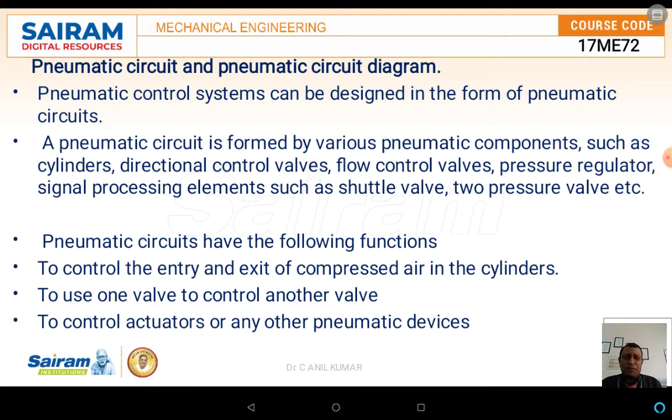These are the three basic elements, but how it is controlling and what action it is performing is also most important.